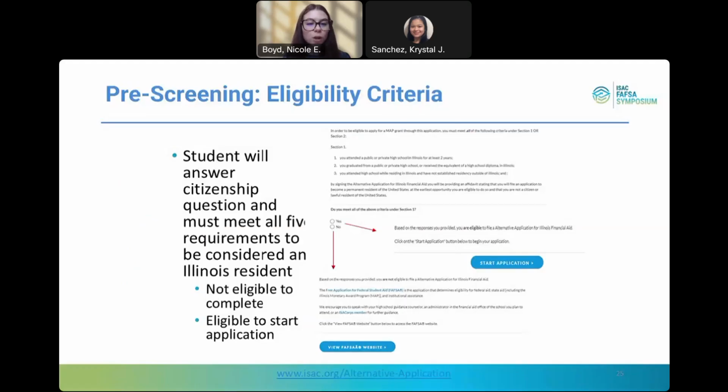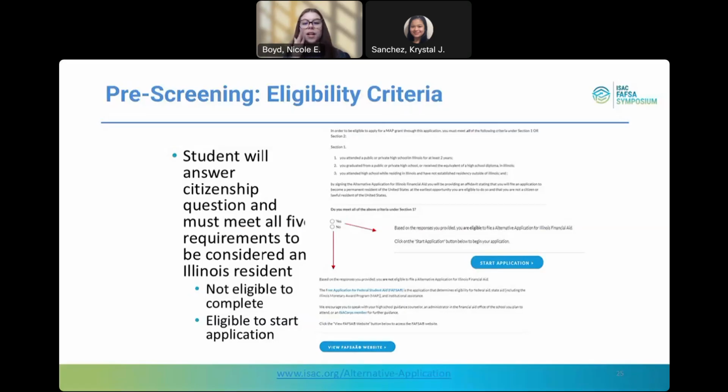And now continuing on with more pre-screening questions, these have to do with eligibility criteria. The student will answer the citizenship question, and they have to meet all 5 of those requirements to be considered an Illinois resident. These are the same requirements that we went over earlier in the presentation, and then it will tell them either that they are not eligible to complete an alternative application or that they are eligible to start their application.